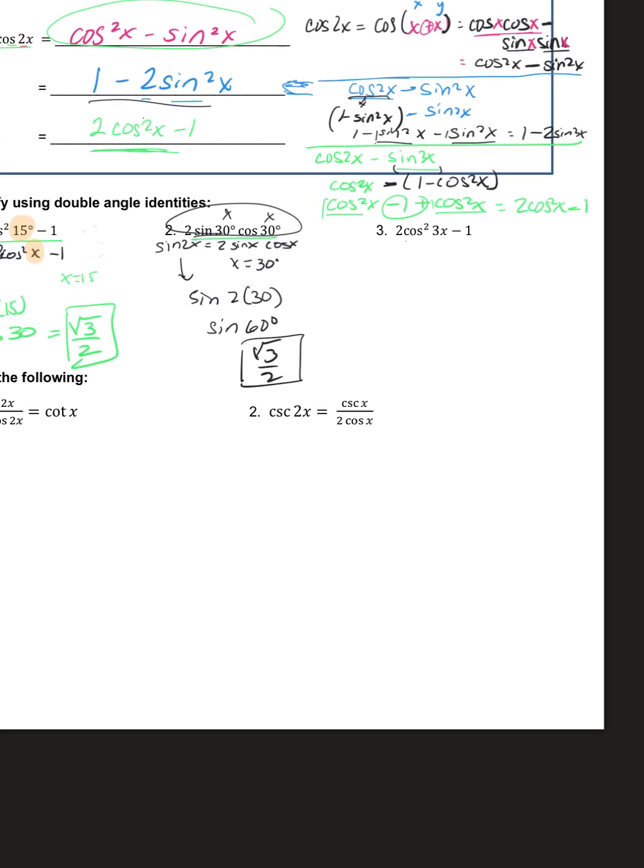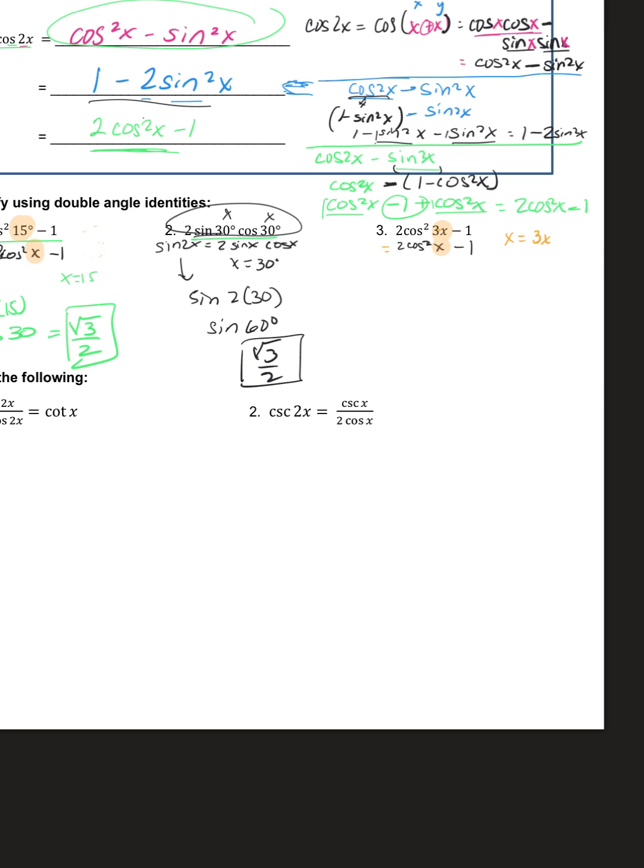Okay, so I see a cosine with a square and a minus 1, so this has to be the double angle for cosine. And so, again, if I think of what it looks like, 2 cosine squared x minus 1. Well, what's x? X is this 3x here. Those correlate, so that means x equals 3x.